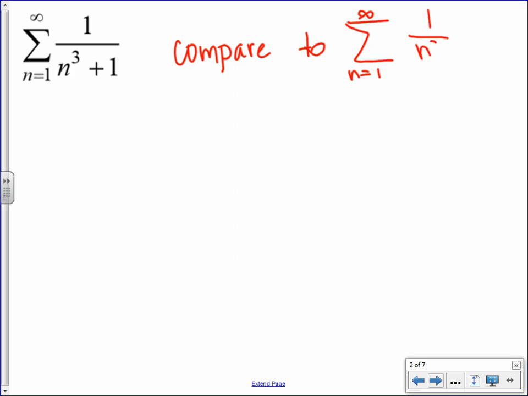Okay, which we know what about? Convergence. We know it's a convergent p-series. Okay, compare to the sum of 1 over n cubed, which we know is a convergent p-series, because p is greater than 1.